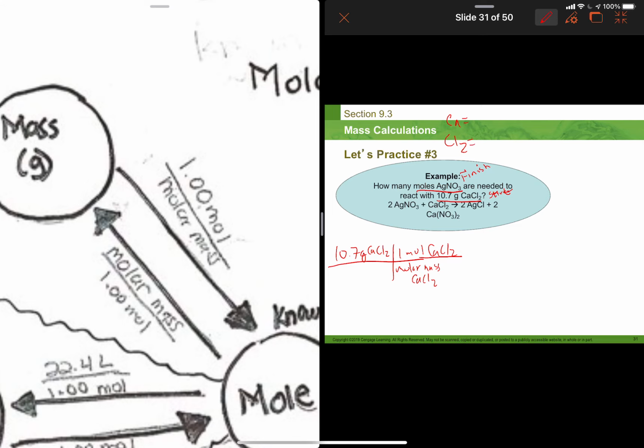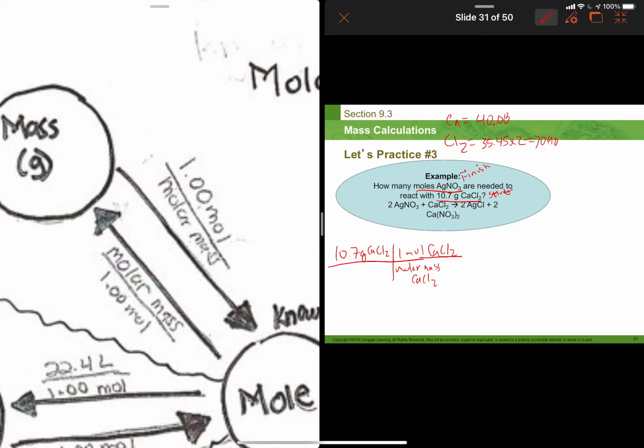Ca is 40.08. Cl is 35.45 times 2. Okay, so if we do 35.45 times 2, we get 70.90, plus 40.08.